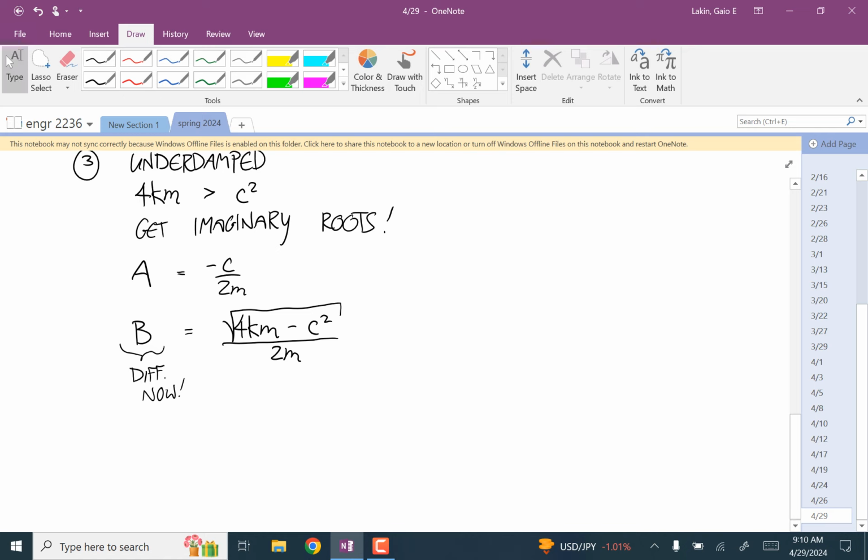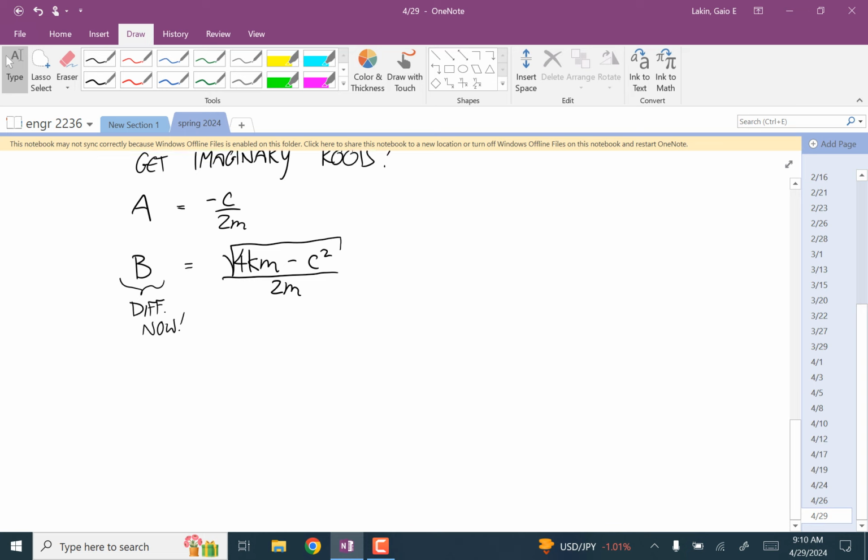But now that we have this, our two roots are going to be lambda 1, and I've always been calling this negative a, just to point out that this is always a negative number. So I'm going to keep doing that. And so lambda 1 is negative a plus i times b.